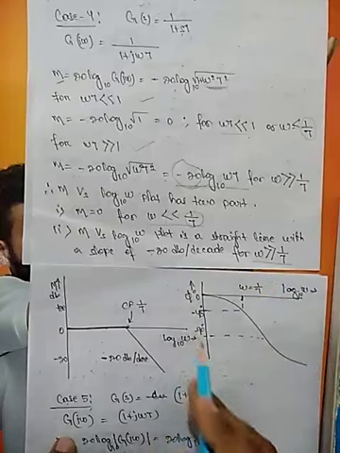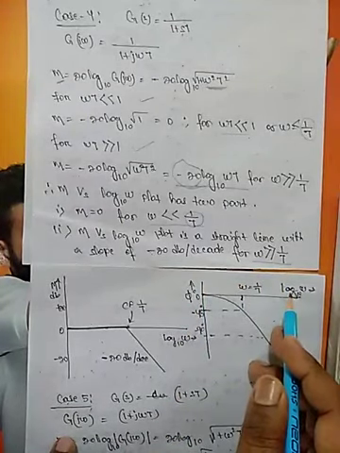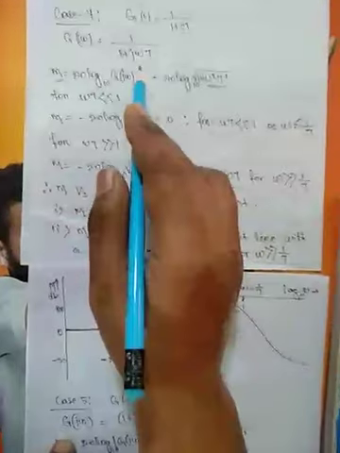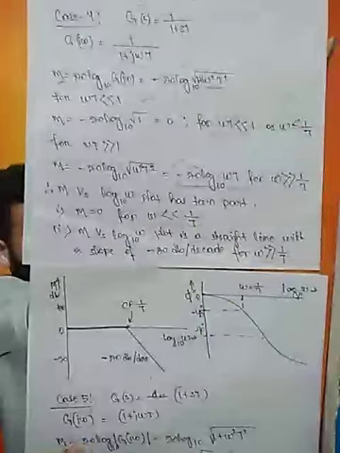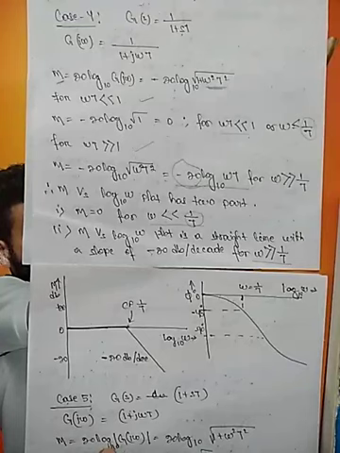This is the nature of the phase angle versus frequency curve. What is the phase angle for this open loop transfer function? It is minus tan inverse of omega T. It depends upon omega. And for Bode plot, omega varies from 0 to infinite.